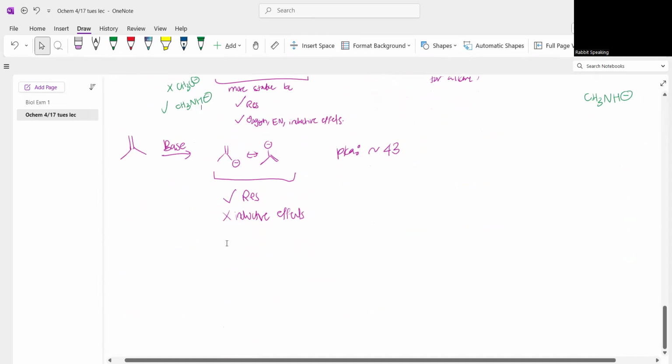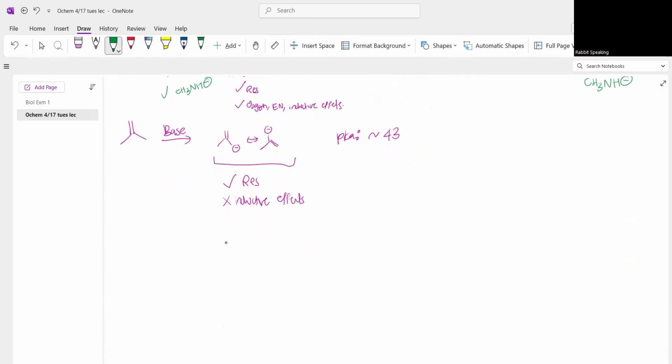And yeah, so let's do that reaction. We're going to take our ketone over here, and we're going to take our CH3NH minus. Remember, this has a pKa around mid-35, whereas this one has a pKa of, oh wait, no, I made a mistake here.